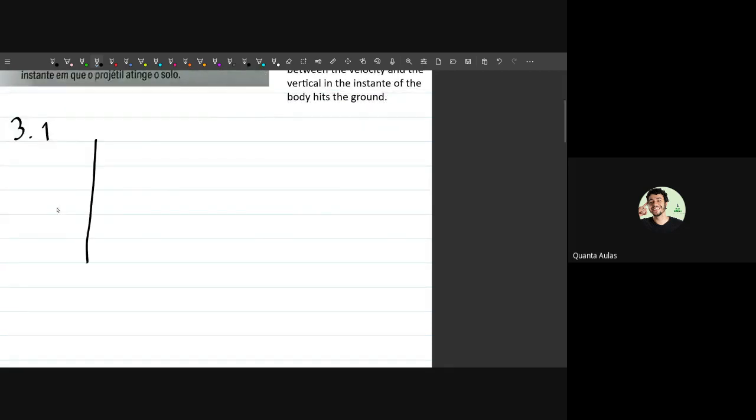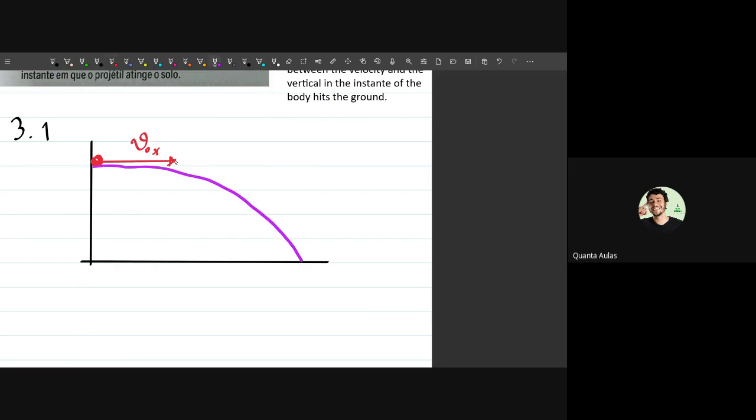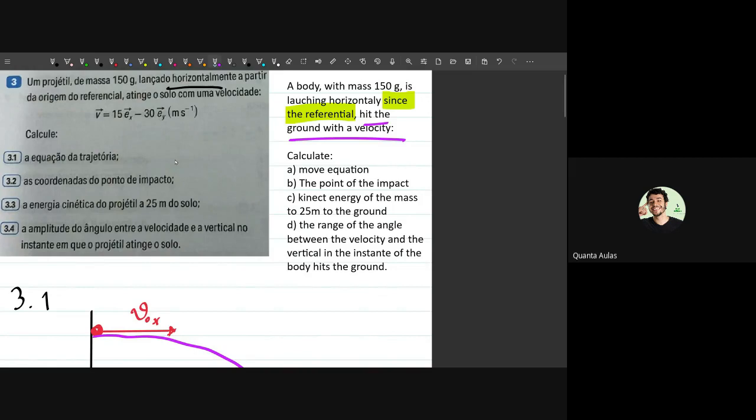So I suppose the real movement is not what you drew, but something like this: our body is here, and we have an initial velocity only in the horizontal. We already did some things like this in another class, right? This is the initial movement, and we have a development like this, parabolic. Okay, because I read this problem wrong.